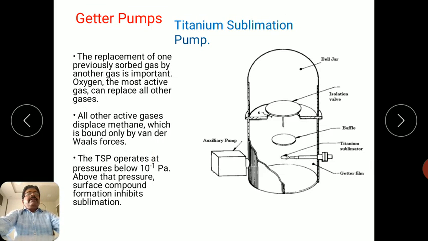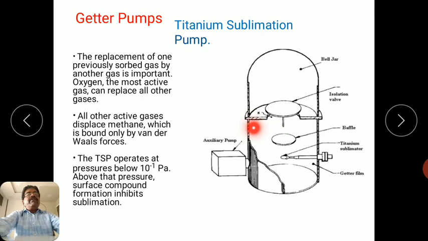Further, the replacement of one previously sorbed gas molecule by another gas molecule can also take place here. Suppose one gas molecule is stuck on the surface of the getter material, that means titanium here. Another molecule will come and replace the earlier molecule, and will try to form a chemical compound.